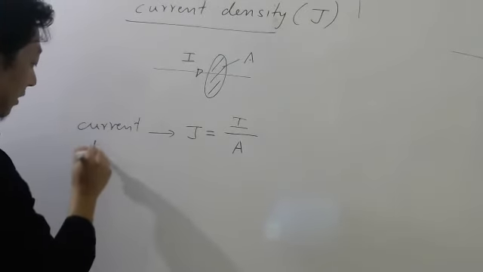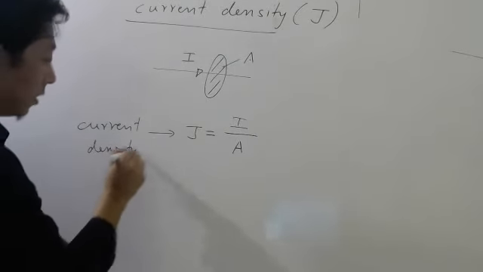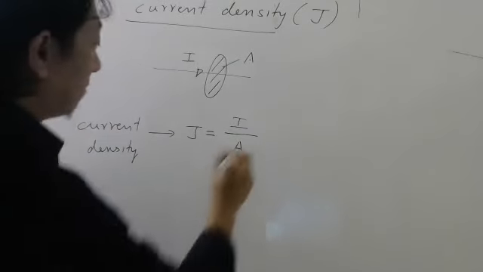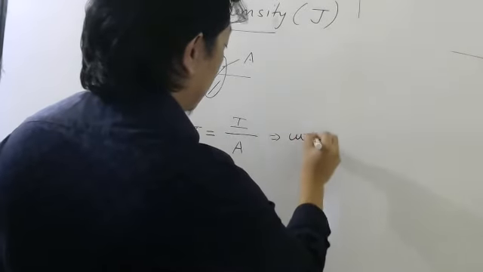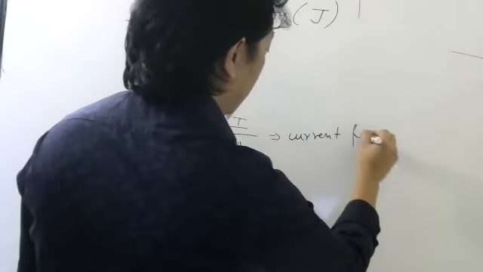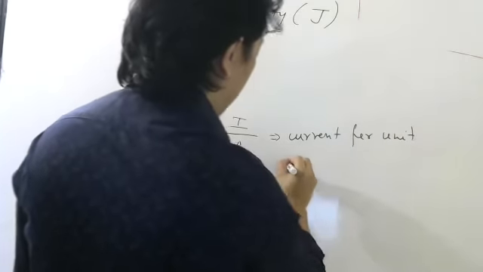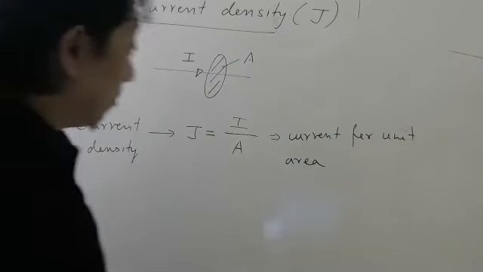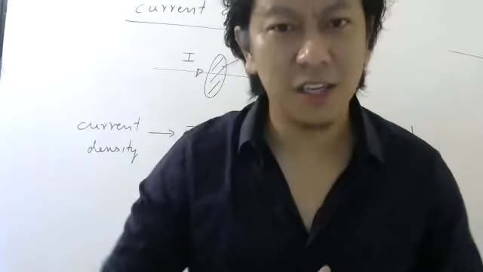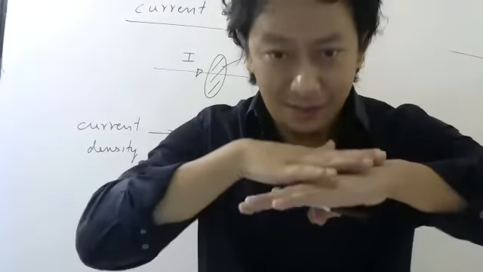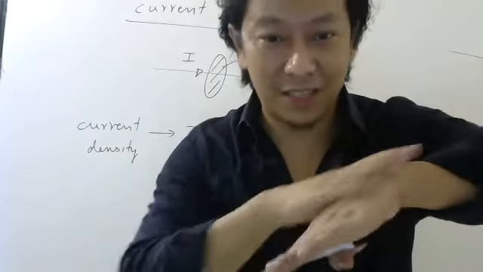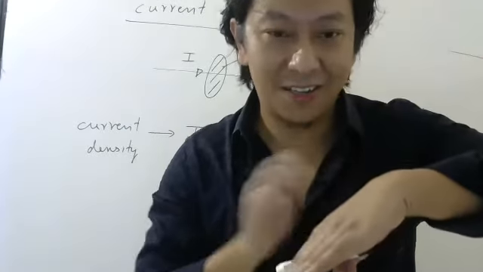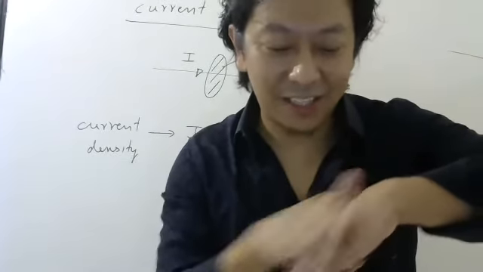Current density. For 1 mark, how to write in exam? Simple. Current per unit area. But which area again? It is not like surface charge density. Surface charge density means there is a surface and charge is sitting there, so you divide the charge by the area.